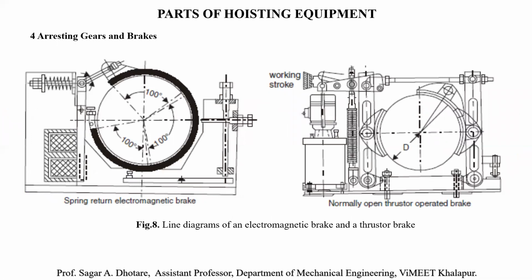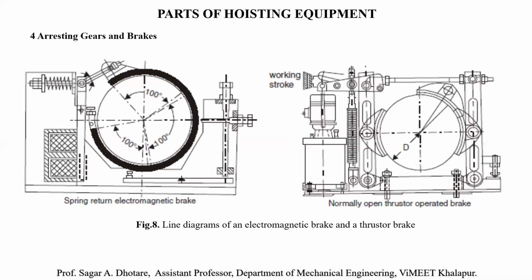Next one, arresting gears and brakes. Why are we using such? Because brakes are very important whenever the load is moving in a downward direction. If you want to stop immediately, we have to apply the brake on the shaft.